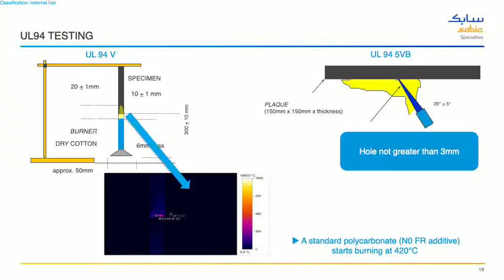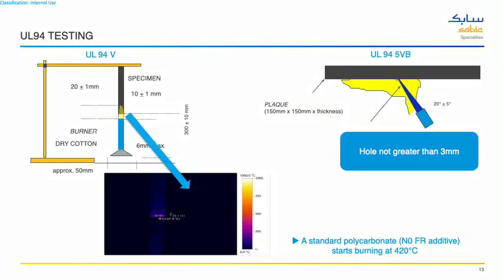But sometimes it can have a rating where it drips, it could burn the cotton at the bottom, and the rating could be different. So the best way for this kind of application is to have a very good rating, so the chemistry should help, and it should not drip. And sometimes the rheological tools are very important to understand the chemistry, what kind of structure you have, and what kind of process you get.